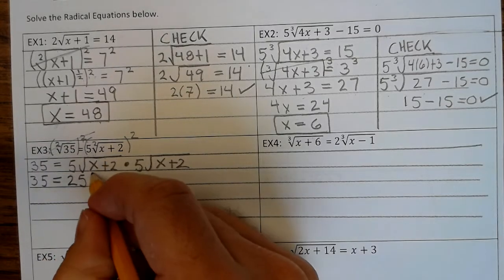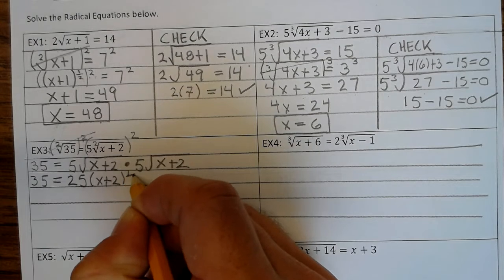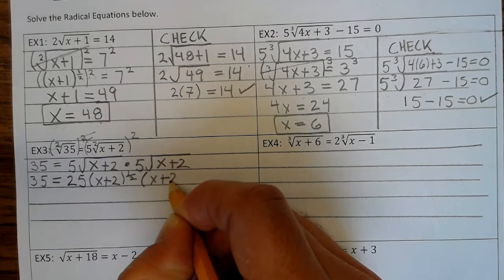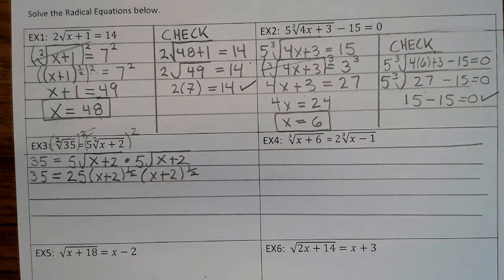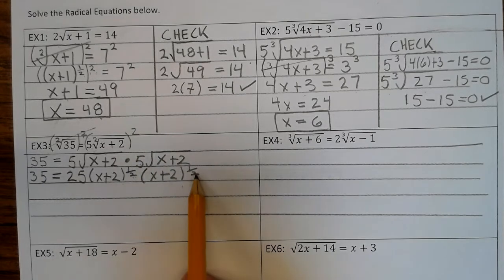The square root of x plus 2 is x plus 2 to the 1 half, and the square root of x plus 2 is x plus 2 to the 1 half. Now, we know from our radical expressions and rational exponents notes that when you multiply, you add exponents. So 1 half plus 1 half is 1.